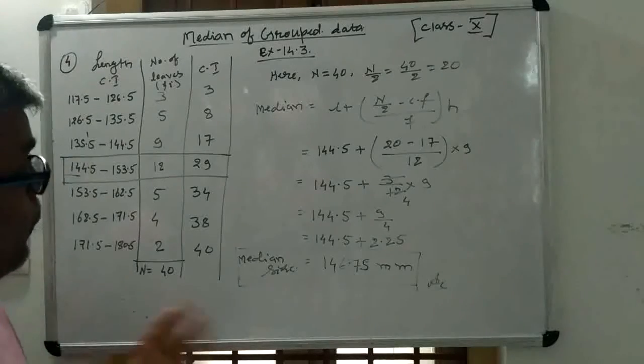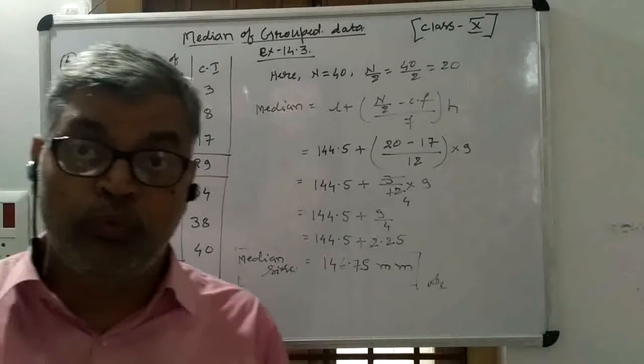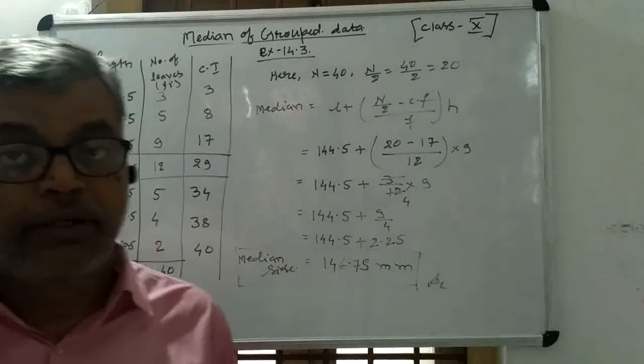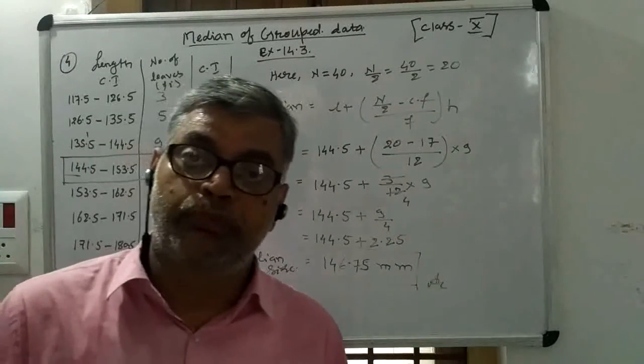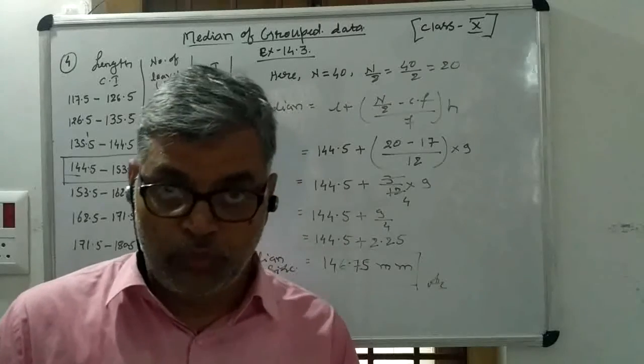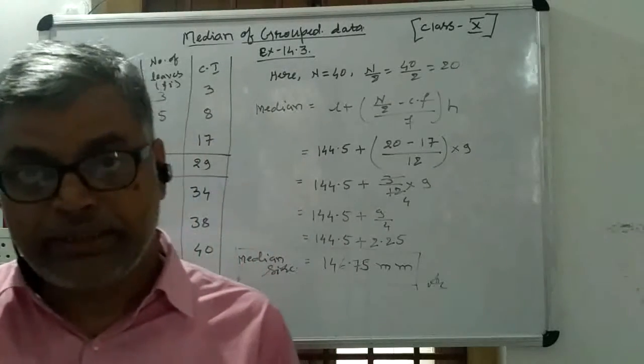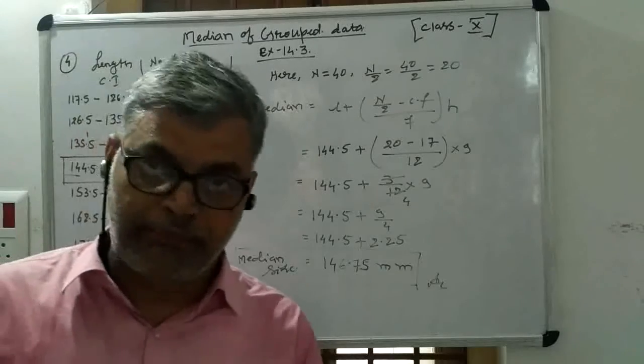So to do the calculation, first we have to change the class interval from inclusive to exclusive by subtracting 0.5 from the lower limit and adding 0.5 to the upper limit.